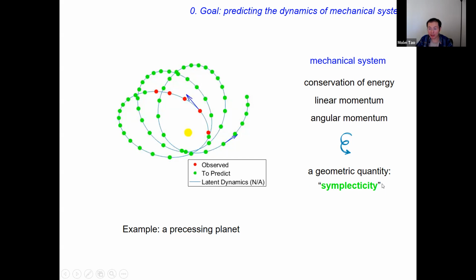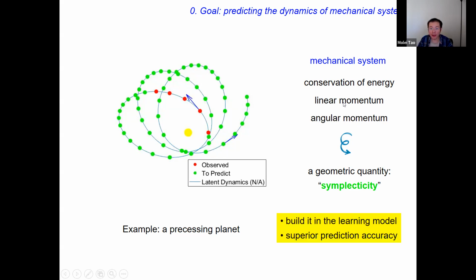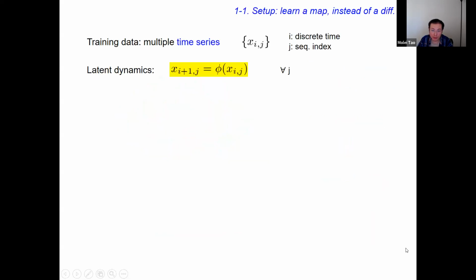And the preservation of symplecticity gives rise to those conservation laws. So therefore, what we do is we hardwire this preservation of symplecticity in my learning model. And consequently, we can provably show that it gives us superior prediction accuracy over long-time prediction.